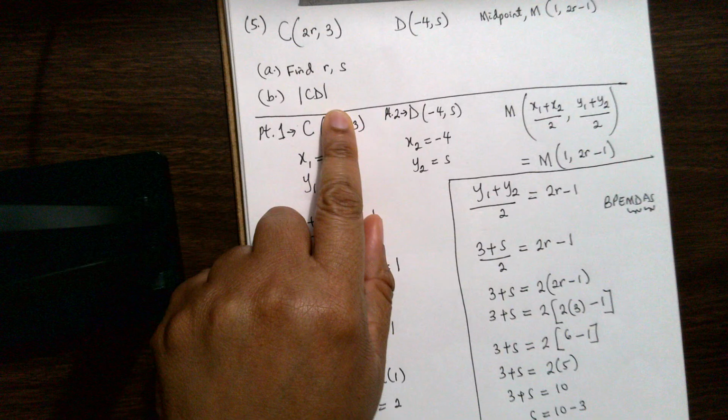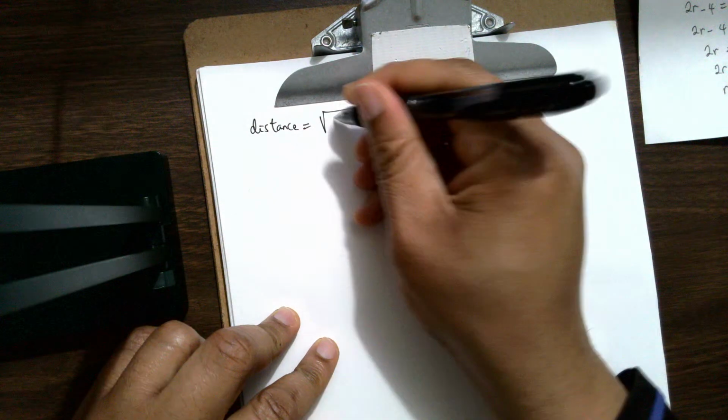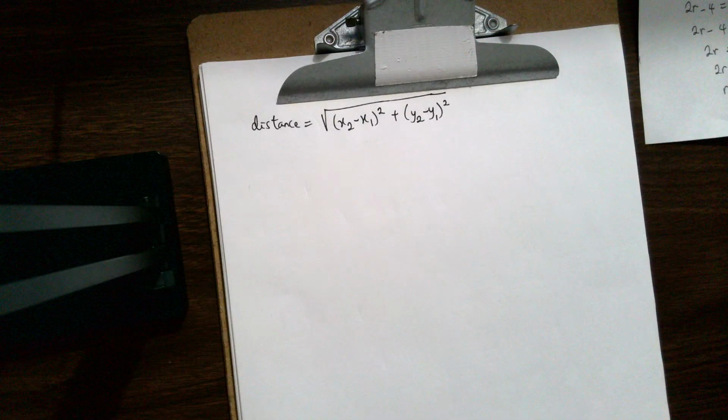The distance is the square root of x2 minus x1 all squared plus y2 minus y1 all squared. That is the distance formula.